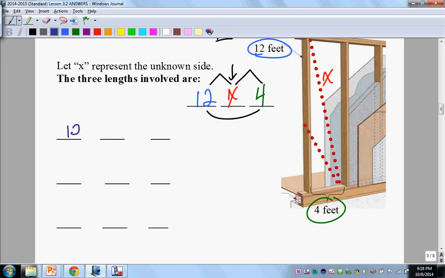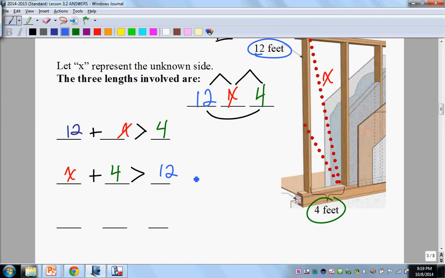Ready? The first eyebrow is going to be 12 plus X has to be greater than 4. That's the first eyebrow. The next eyebrow is going to be X plus 4 has to be greater than 12.